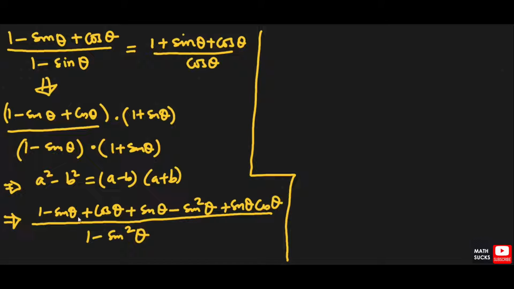We can notice that sine cancels with minus sine here, and so we get 1, then plus cos of theta, and then minus sine squared of theta, then plus sine of theta cos of theta, everything over.